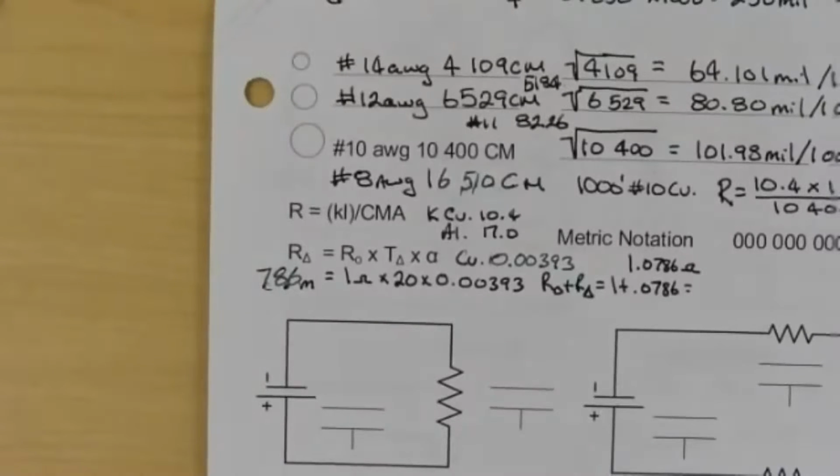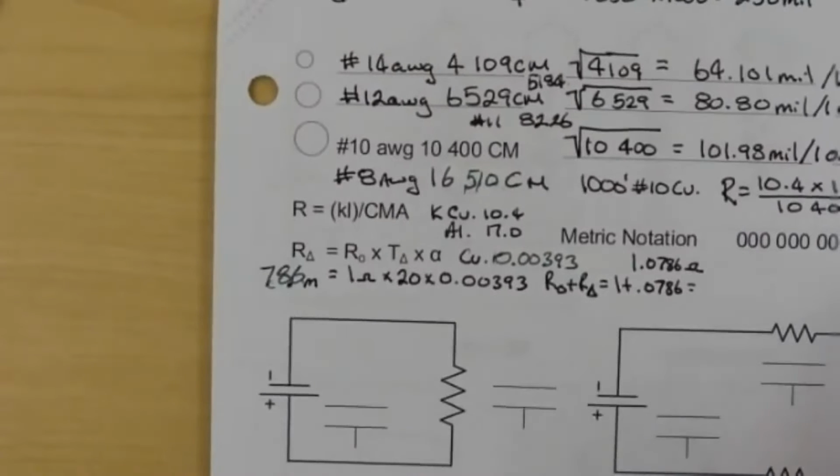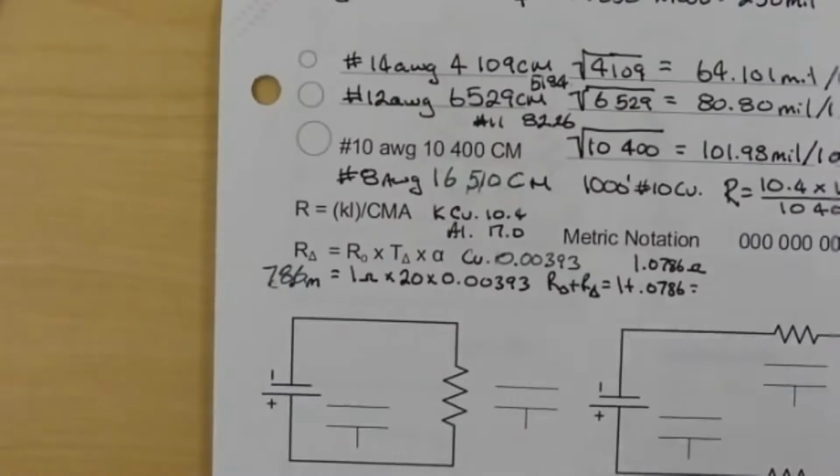We are in a branch of electrical engineering, and this is engineering notation. We're not engineers, but we are in the field of engineering. So this would be given in milli.